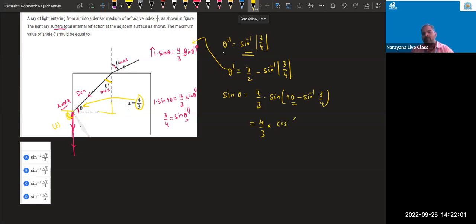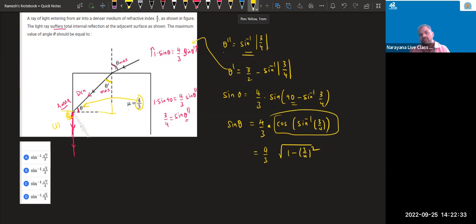Cosine of sin inverse of 3/4, no? The formula, sir: cos of sin inverse of x is under root of 1 minus x square. Under root of 1 minus x square means 3/4 whole square. I think everyone knows this, no?